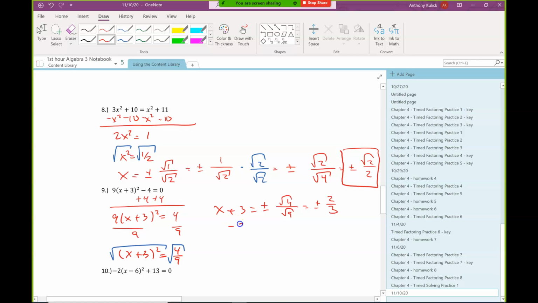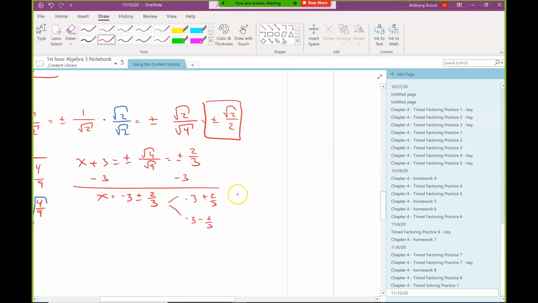And then I can subtract this 3 from both sides. So I have -3 plus or minus 2/3. But those are things that are like terms, right? We could combine them. So I could do -3 plus 2/3, and -3 minus 2/3. Those are both things that I can do. To add those two fractions together, we need to make a common denominator.